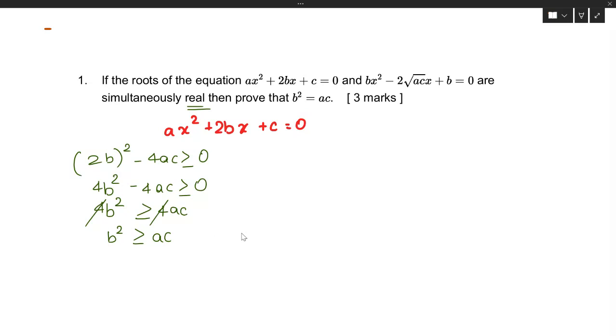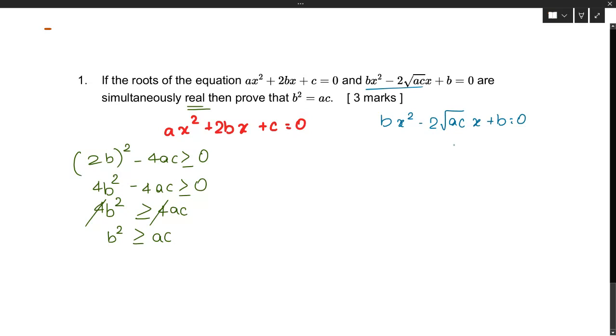Then if we look at the second equation, which is bx square minus 2 root ac x plus b is equal to 0. That time if we take the discriminant D is greater than or equal to 0, because both are real, that's why.